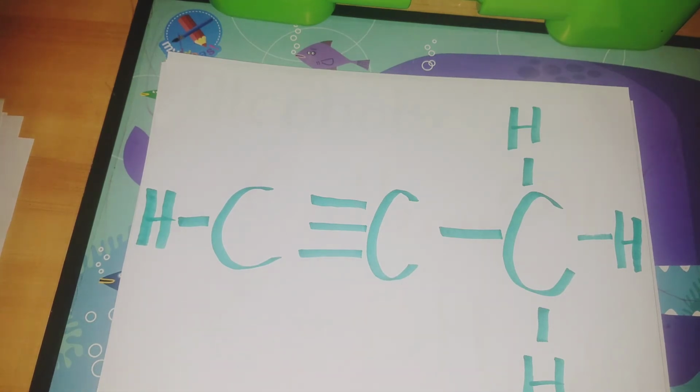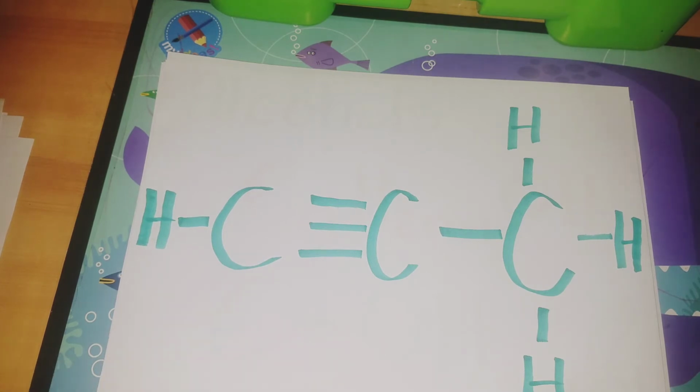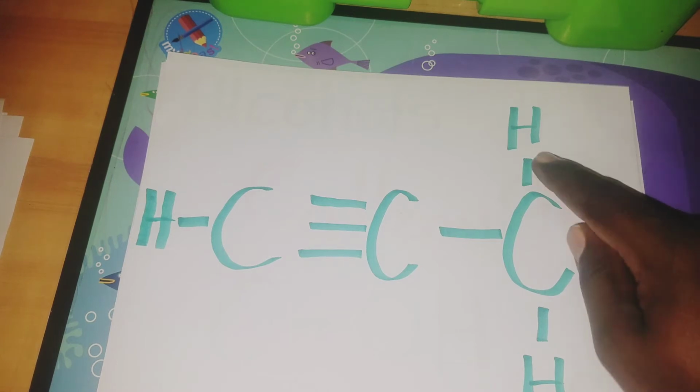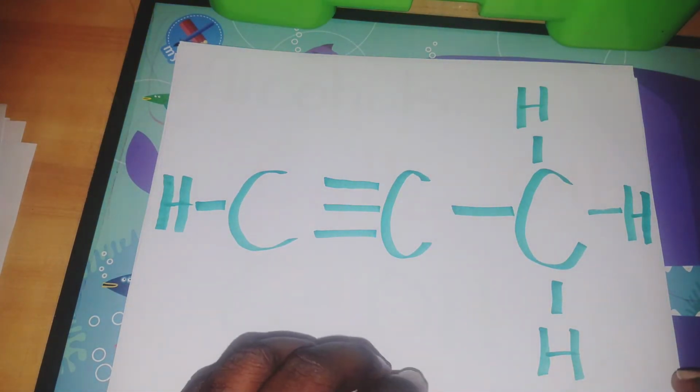It's right there, so we know it's an alkyne. But hold on, let's check. Is the number of hydrogens 2 times the number of carbons minus 2? In this case, there are 3 carbon atoms, so 2 times 3 is 6, minus 2 is 4. So let's check: 1, 2, 3, 4. There you have it. It fits the functional group and the general formula of alkynes, so we know this is an alkyne. There you have your alkynes.